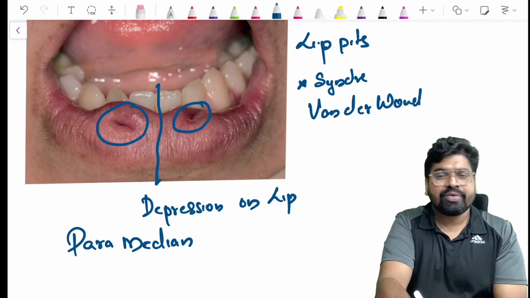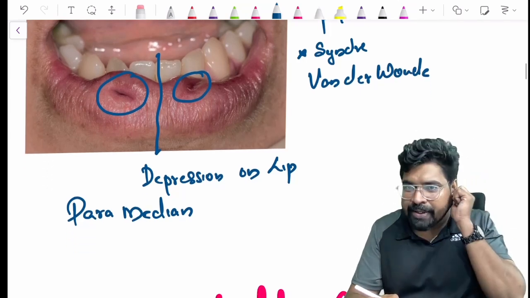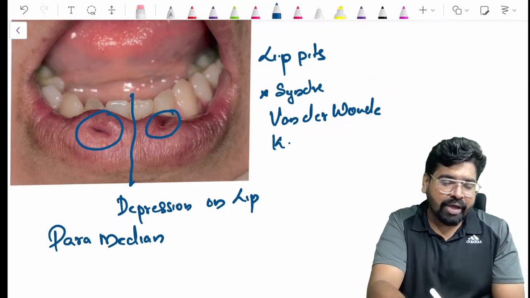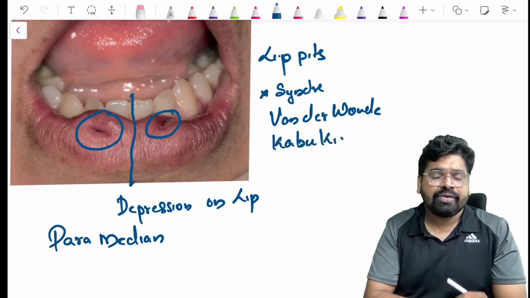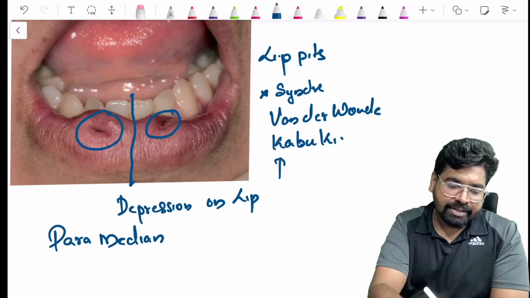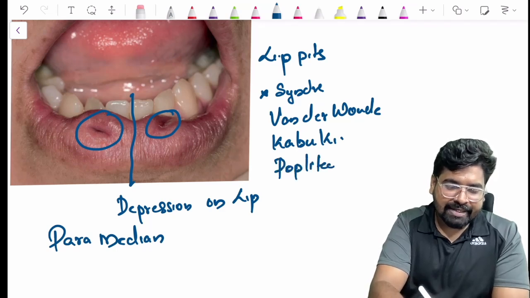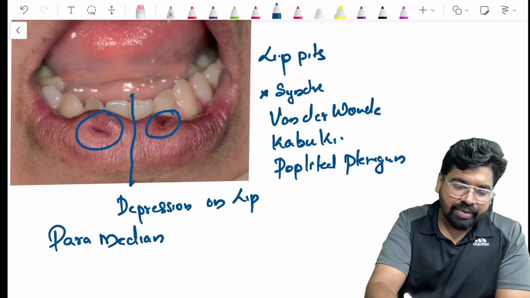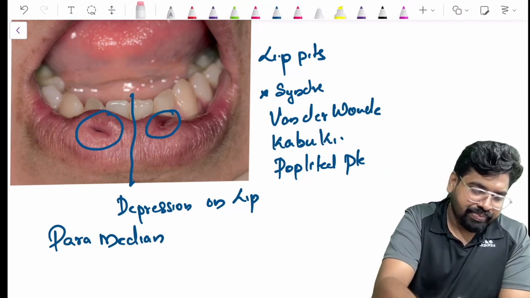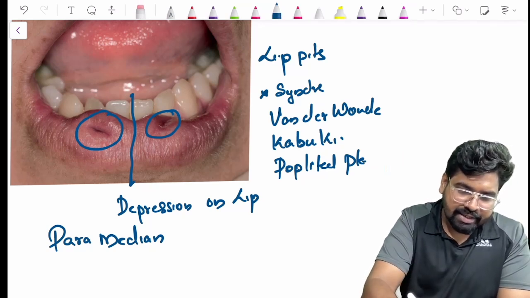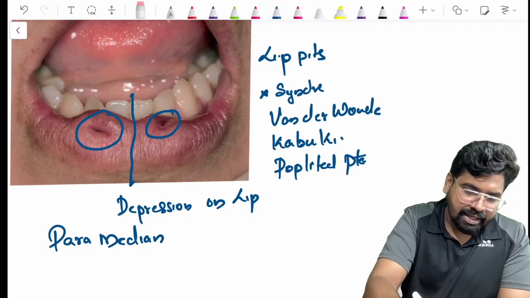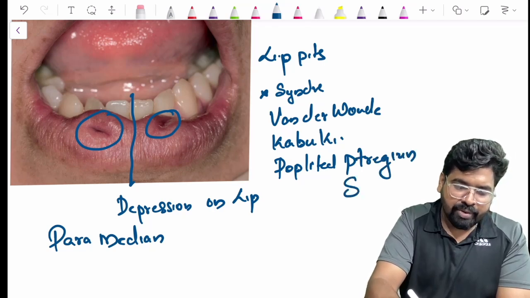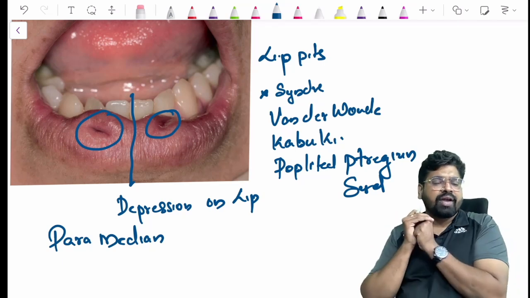We have seen a question on this when we were discussing the syndromes. Then Kabuki and popliteal pterygium syndrome. In these syndromes you can see lip pits.